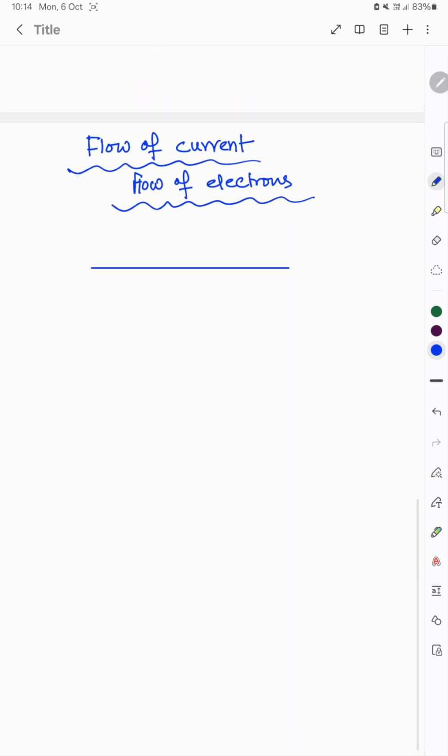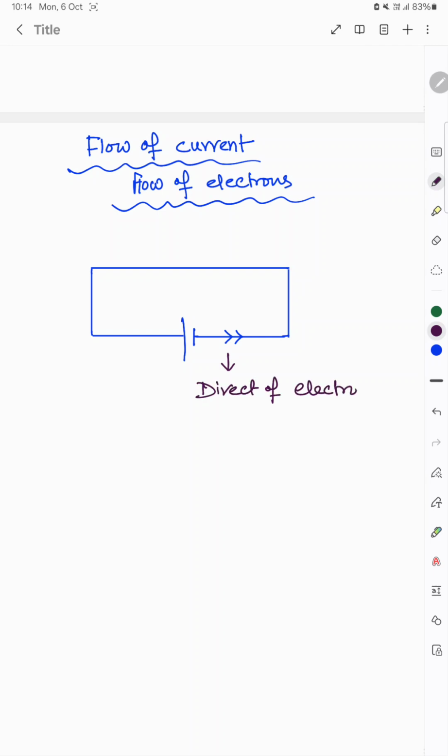I'm taking a very simple circuit. Now I am placing a battery having positive on this side and negative on this side. Okay. So the electrons will be flowing from the negative side to the positive side. So this is the direction of electron flow.